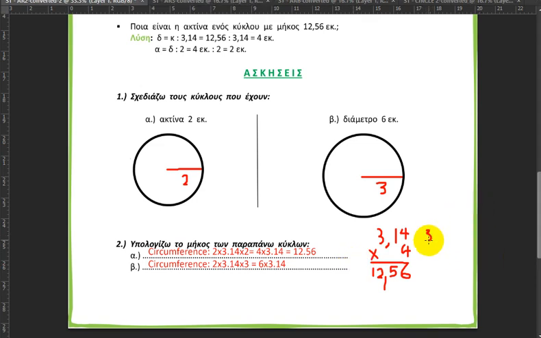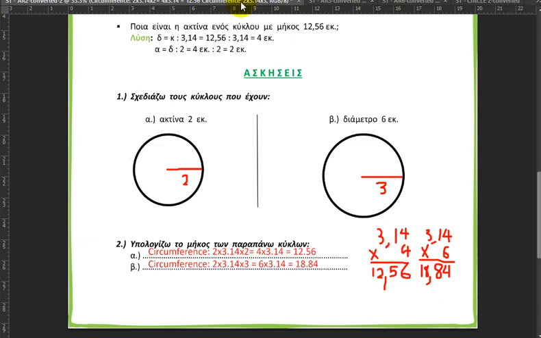I don't have to do it vertically. You could do it horizontally because 6 is a one-digit number, but just in case. 6 by 4 makes 24, so write 4, carry 1. 6 by 1 makes 6, plus 2 that we carried over is 8. 6 by 3 is 18, and we put the decimal point in. 18.84. That is the circumference of the second circle.